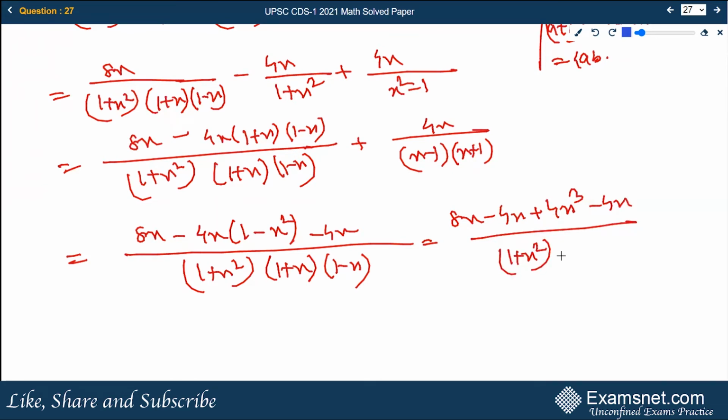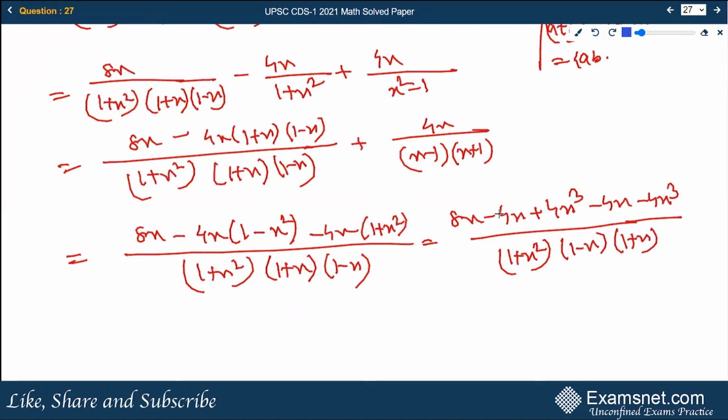So here we will get minus 1 plus x square also. So it will be minus 4x minus 4x cube. Here also we can write 1 plus x square times 1 minus x times 1 plus x.